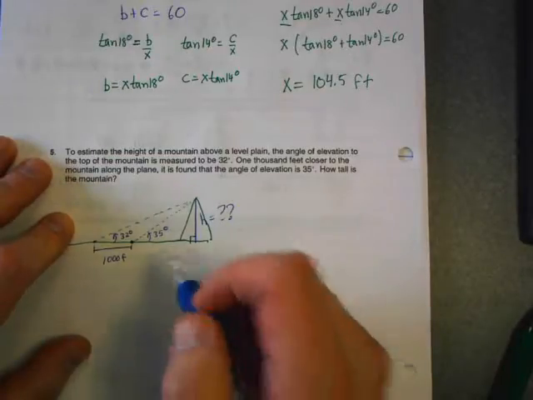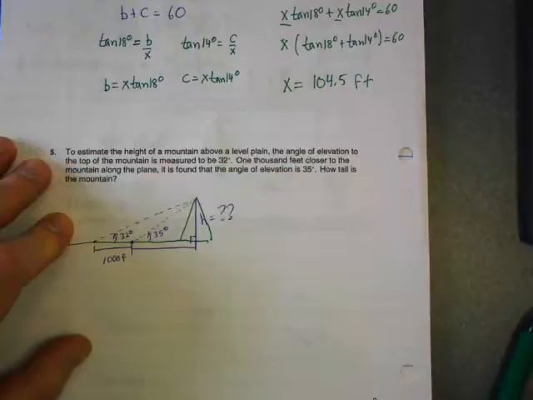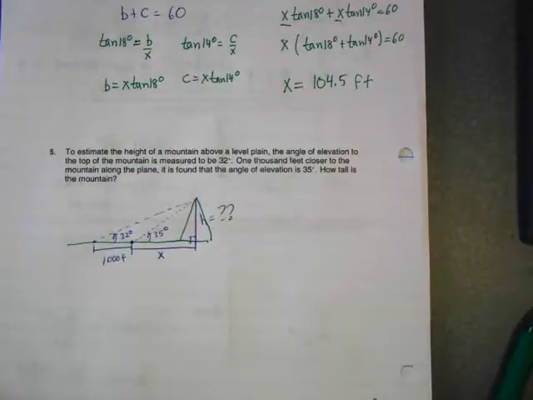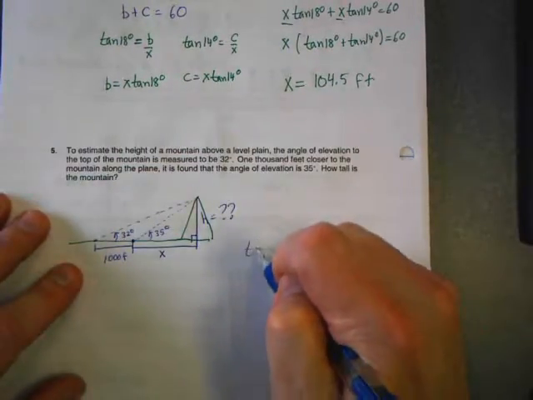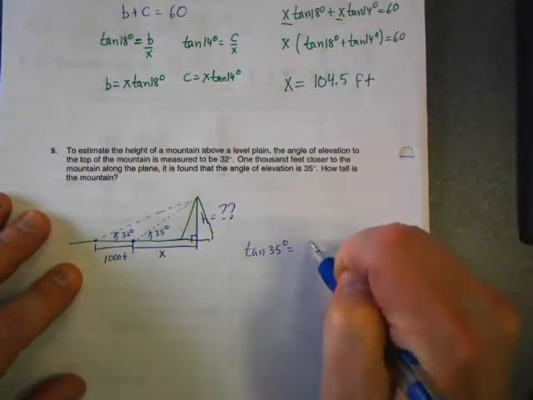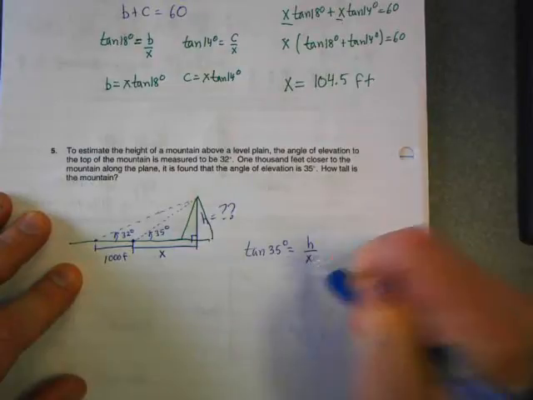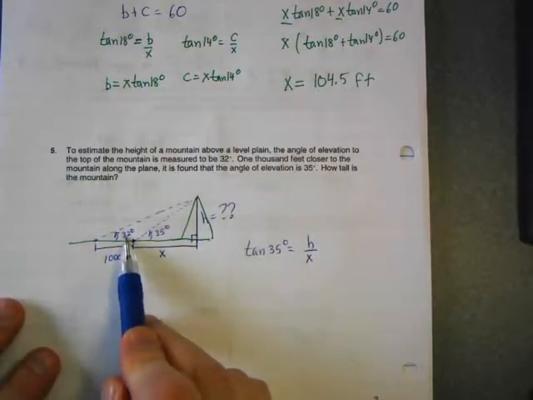The problem we have is we don't know that distance, do we? We'll call it X. That's a good number. X. So, using this, I know that tangent 35 degrees is H over X. And what would I know about 32 degrees?